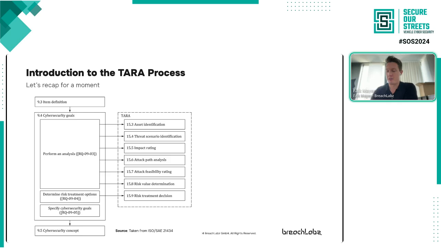We perform a lookup between the impact value and the attack feasibility, and that yields us our risk value. Depending on your risk appetite and how many resources you have available in order to introduce controls, you take your risk treatment decision and then basically start with the requirement specification from your goals, claims, and controls down in your cybersecurity concept.